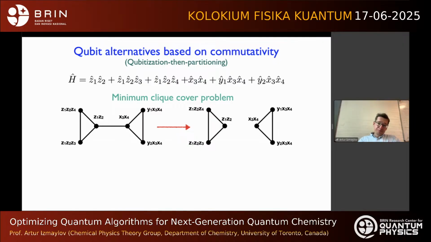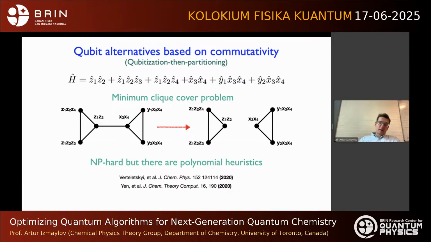And then what we can do is partition the graph into fully connected subgraphs. That's a typical graph problem, and it has solutions. Building a minimal number of such commuting parts turns out to be a very hard problem if you want to minimize the number of fully commuting parts.